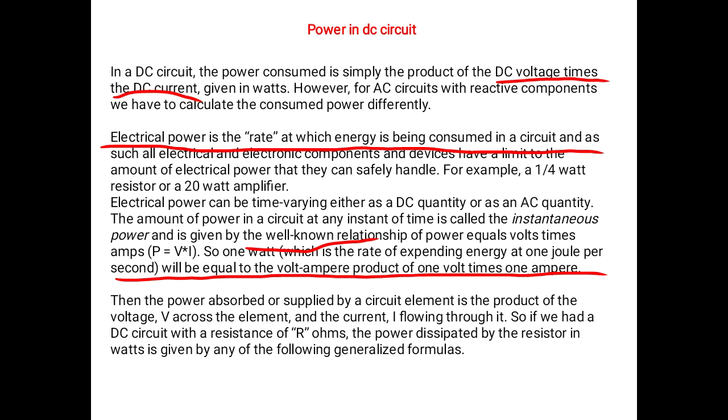The amount of power in a circuit at any instant of time is called instantaneous power, which is given by the well-known power equation: voltage times current, that is P is equal to V into I. So 1 watt means the rate of expending energy at 1 joule per second, which is equal to the volt-ampere product of 1 volt times 1 ampere.